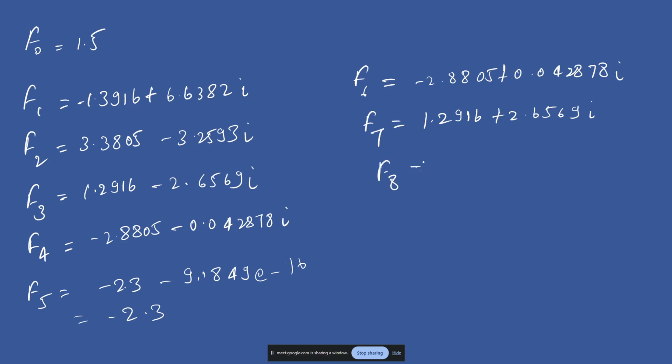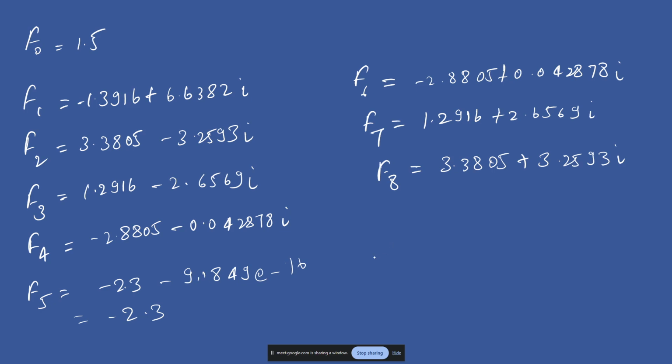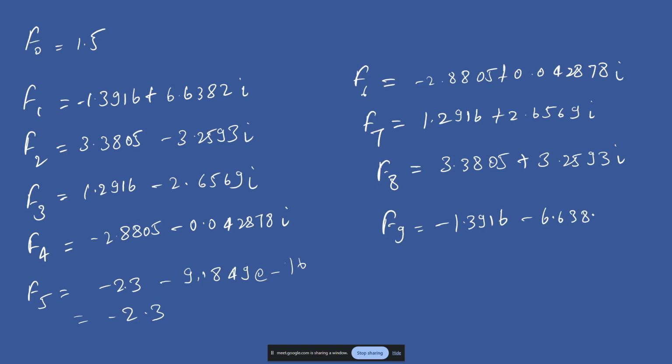Then your f8 value is 3.3805 plus 3.2593 iota. Then f9 value is minus 1.3916 minus 6.6382 iota.